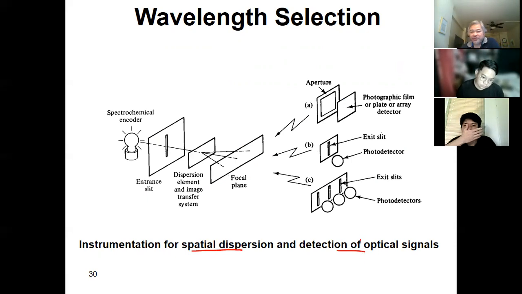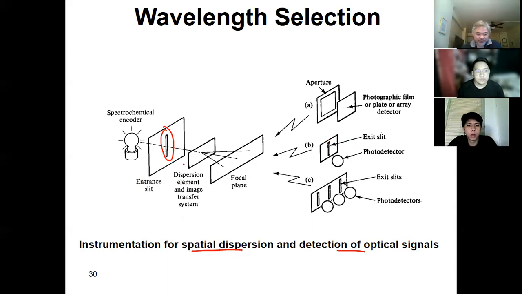You can narrow down at the beginning of the analysis, before you hit your sample, or you can look at it at the end. It's just like the sample is in the middle in this analysis.